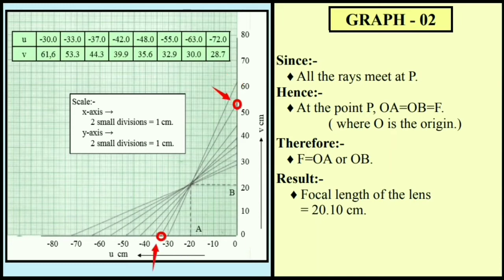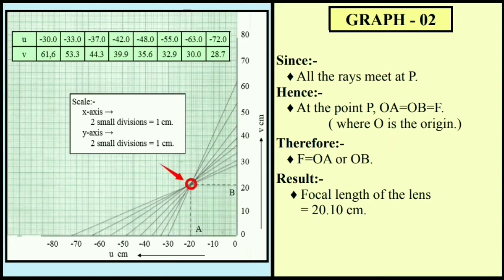Second u on x-axis and second v on y-axis are joined directly. Third u on x-axis and third v on y-axis are joined directly, and so on. We find that all these lines almost meet at a point.